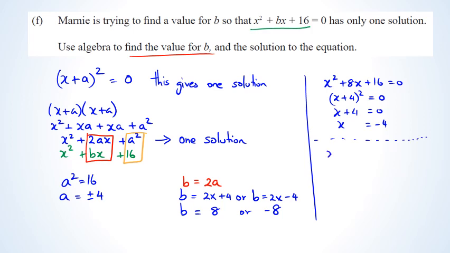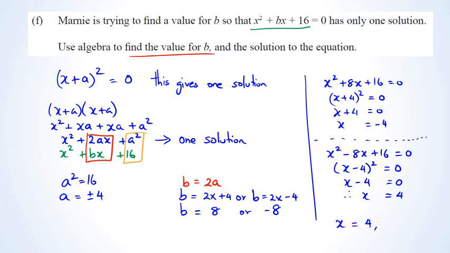Now for my second one, I'm going to use minus 8x. If I factorize this, I get (x minus 4) squared equals 0. So x minus 4 equals 0, therefore x is equal to positive 4. So my two solutions for this question are x equals positive 4 and x equals minus 4.